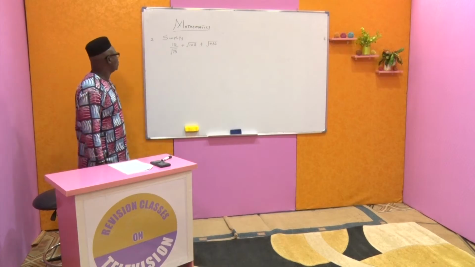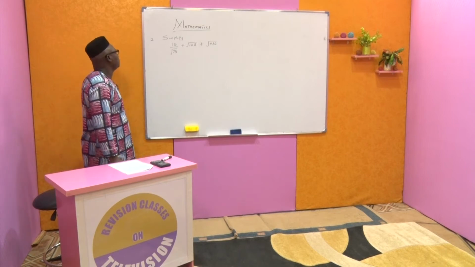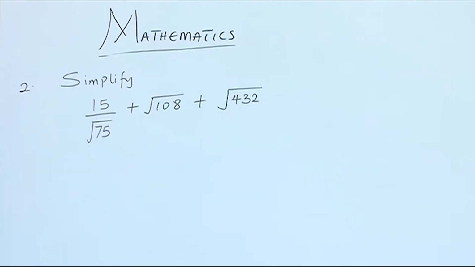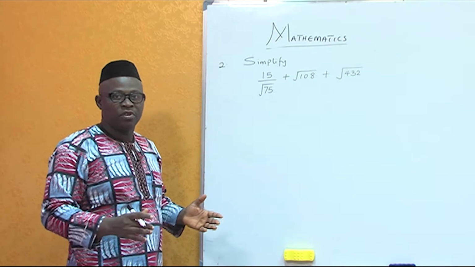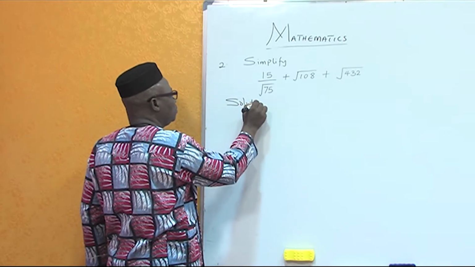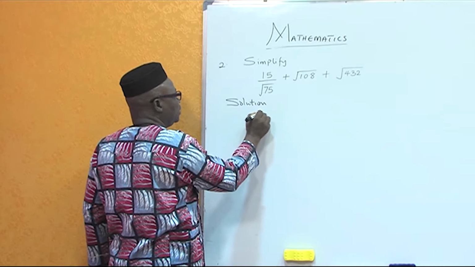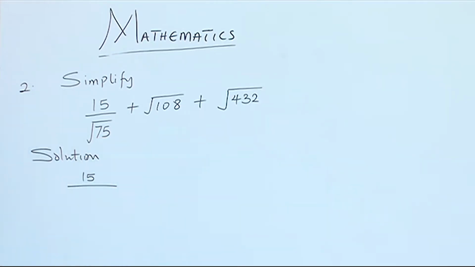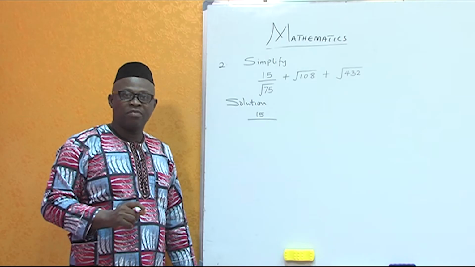This is another question we are required to simplify. If you look at this, we have a surd in the denominator, and that surd can be simplified. So I'm going to start with the simplification of that surd. I can say 15 divided by root 75 can be broken down using the perfect square.